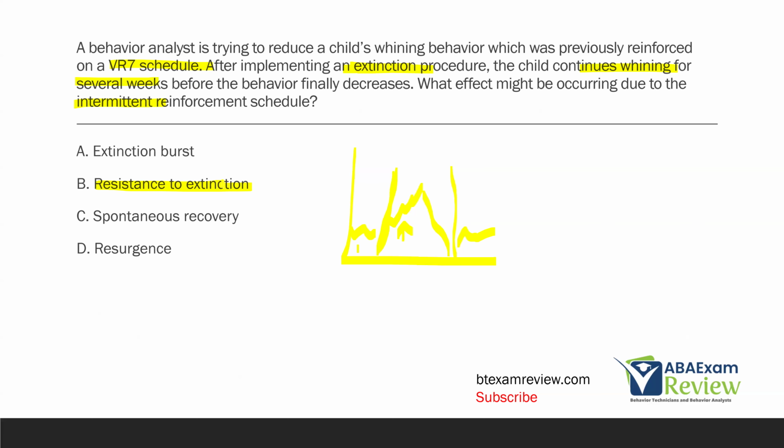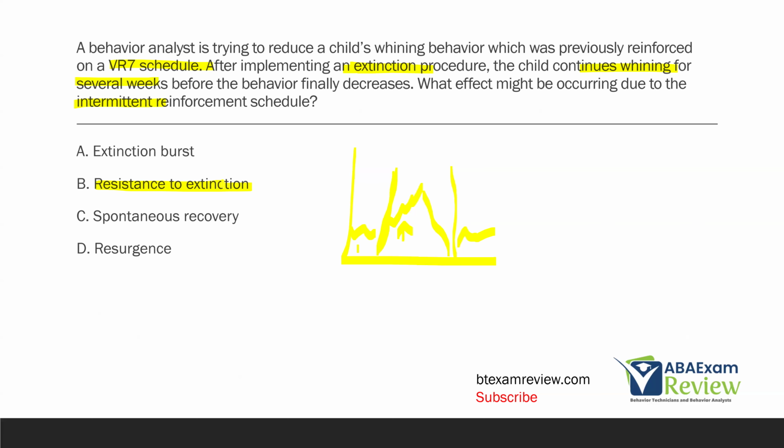The difference between resistance to extinction and the extinction burst is the extinction burst is a predictable increase in the behavior. Resistance to extinction is just the behavior continues. Doesn't mean it increased, it just continues.